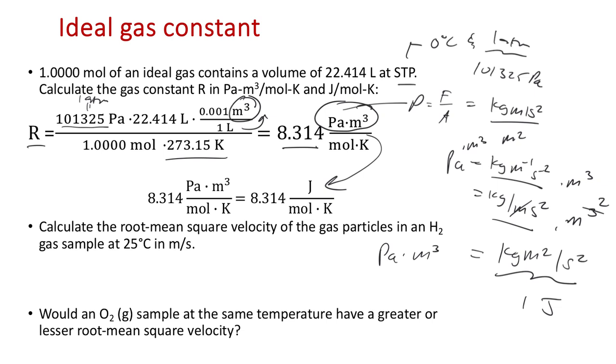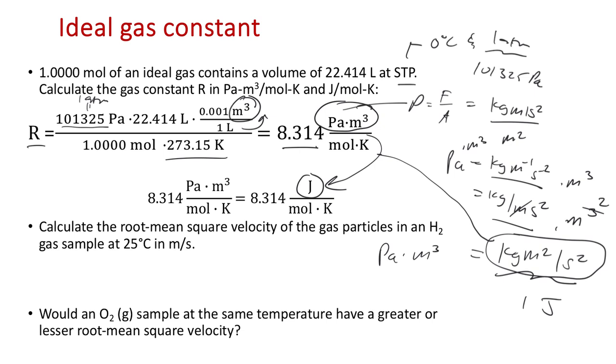If you can see the math behind it, you can see how we go from Pascal cubic meters, in fundamental SI units, to kilograms meters squared per second squared, which happens to be the joule. And so we can express the ideal gas constant with 2 different units. We can say it's 8.314 Pascal cubic meter per mole Kelvin, or joules per mole Kelvin. Either way, behind the joule and the cubic meter we have fundamental SI units, in particular kilograms meters squared per second squared.